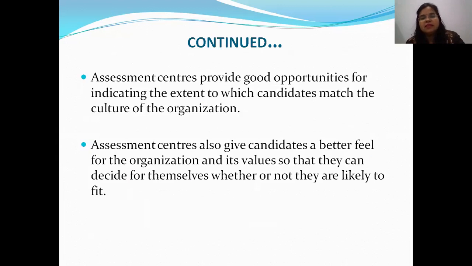An assessment center also gives candidates a better feel for the organization and its values by going through lots of exercises, lots of role plays, and so many interactions with the organization's people. He comes to have an idea about the organization's culture and organizational values.